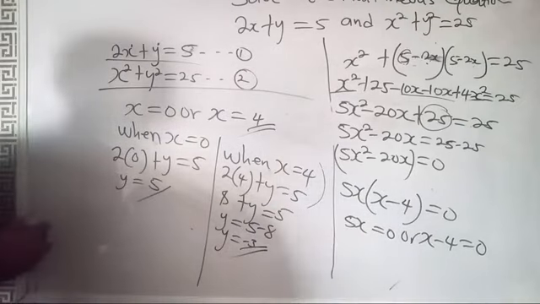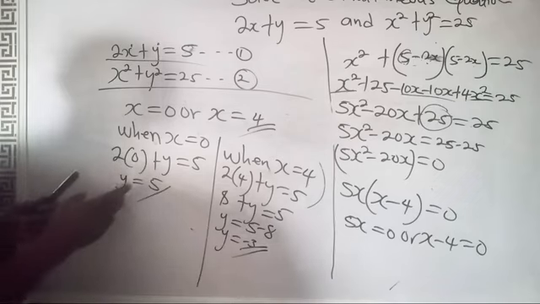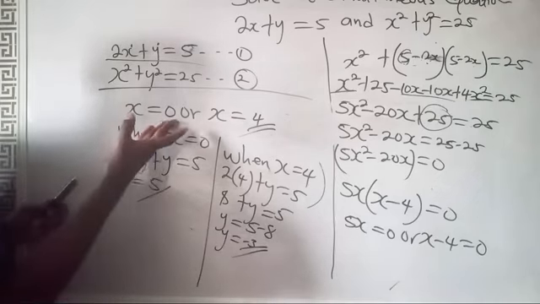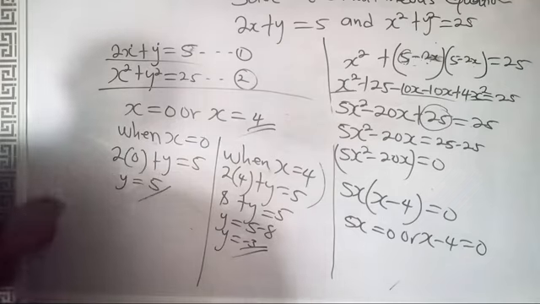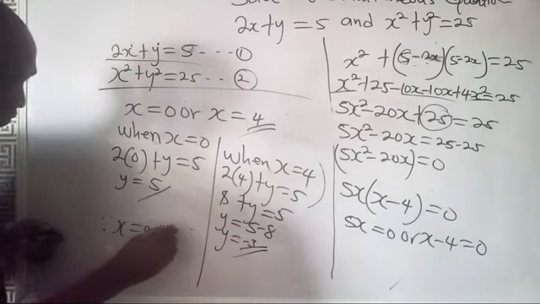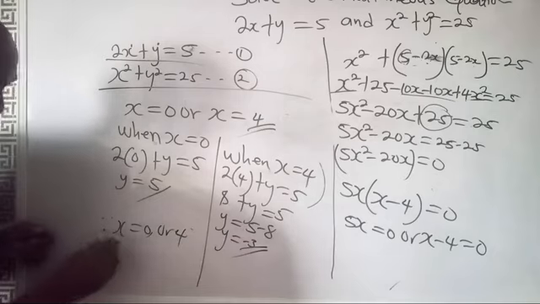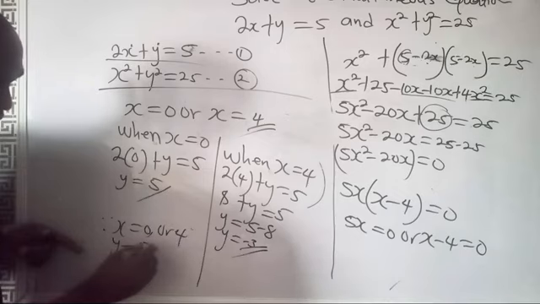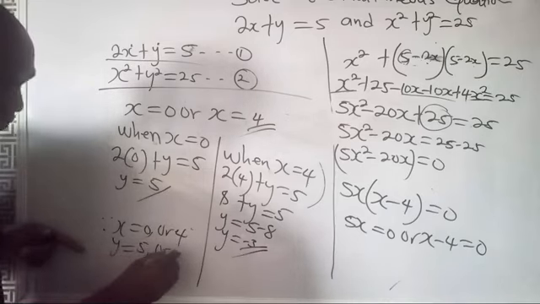So these are the two values of y and the two values of x. Therefore, x is equal to 0 or 4, y is equal to 5 or minus 3.